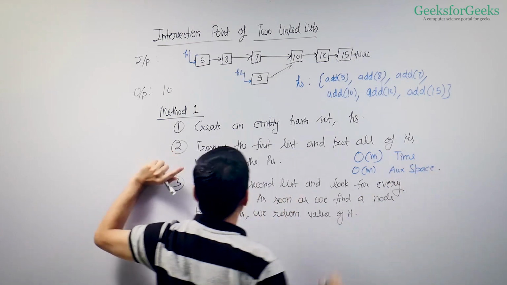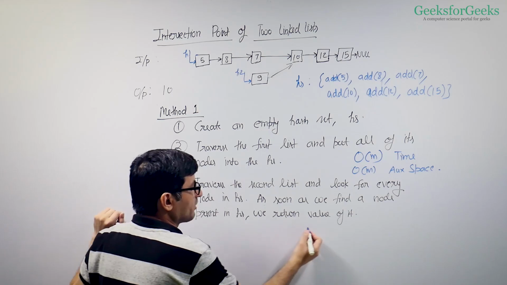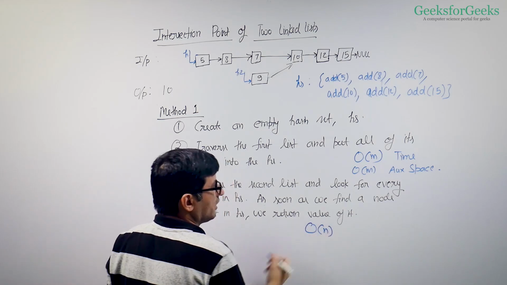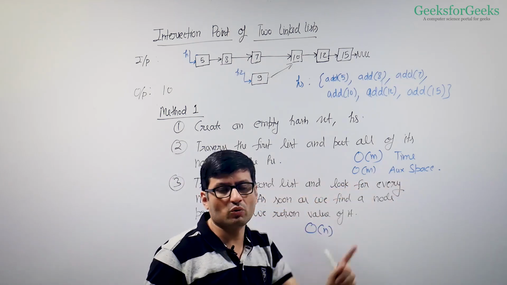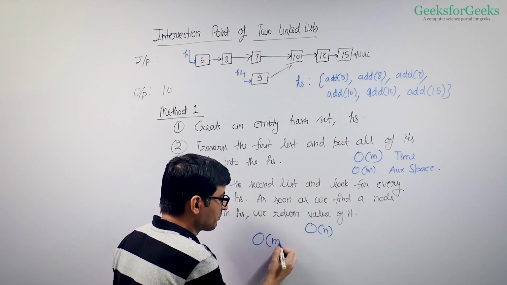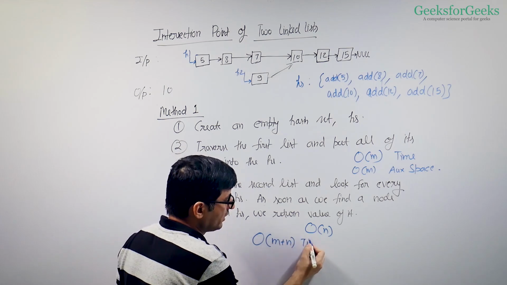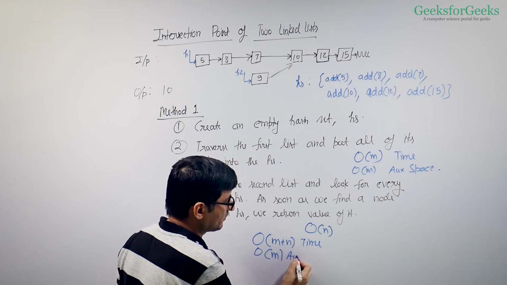Now let's talk about step 3. Step 3, what it will do, it will traverse the second list. So it will take big O of n time. And it will do a lookup in this same hash set, so it will not require auxiliary space. So the time required here is big O of m plus n and space required is big O of m auxiliary space.